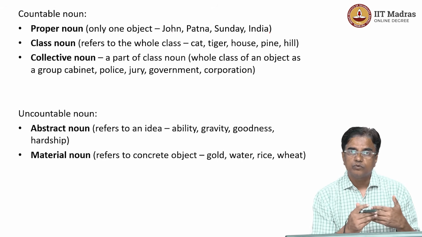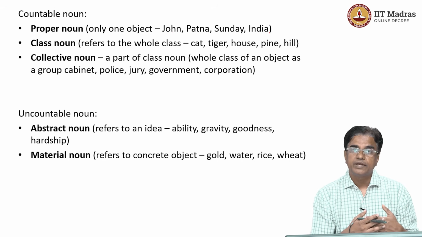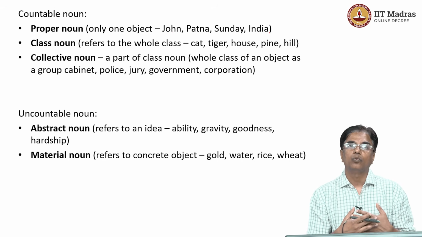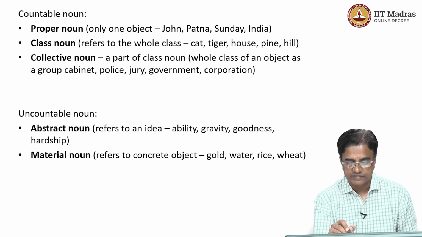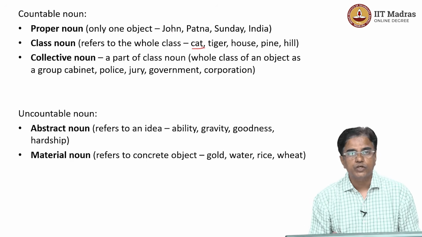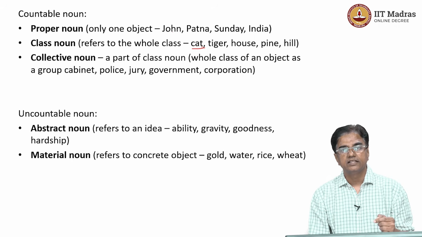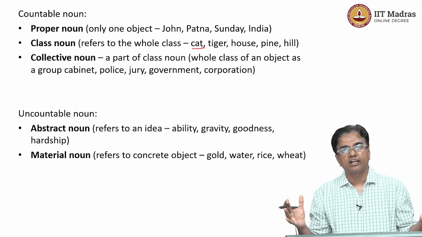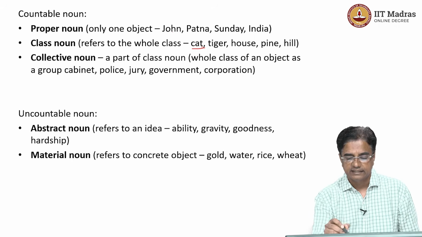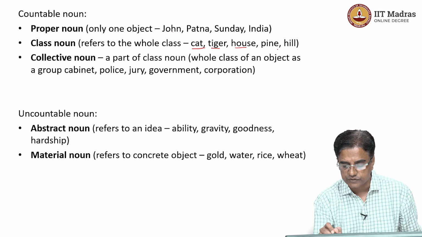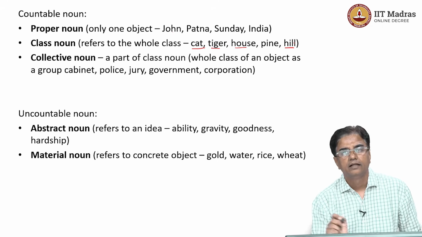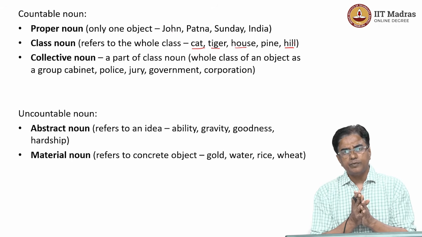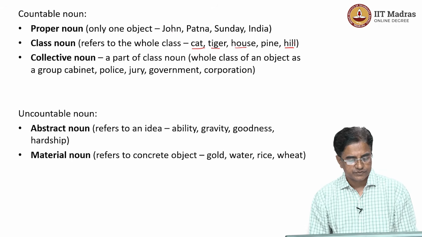Class, what is a class noun? When some word refers to the whole class, like when we say cat, it's not a proper noun. Cat is a name for the entire class of different types of cats. Tiger, house, hill, and so on.